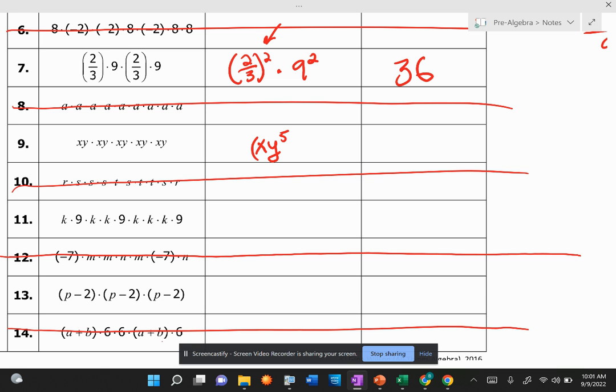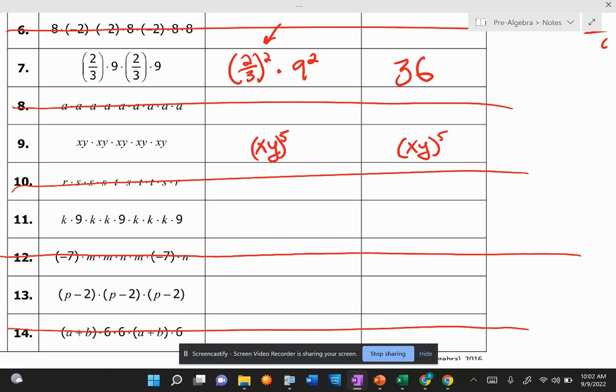What we want is (xy) to the 5th. So make sure you have those parentheses in there. What's the final answer? There's no simplification that can be done because we don't know the value.